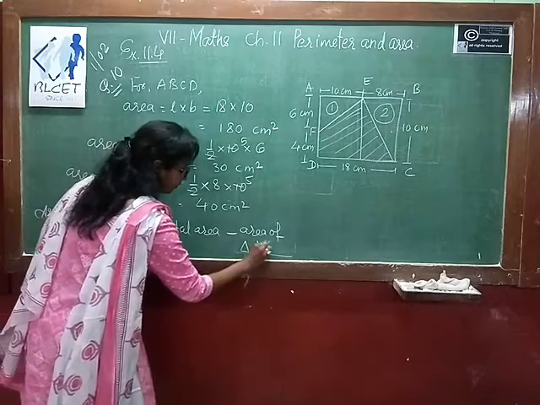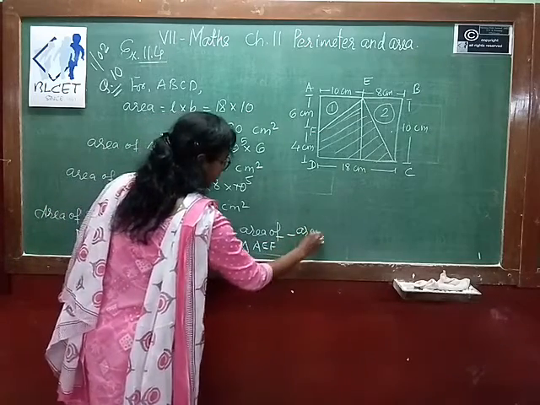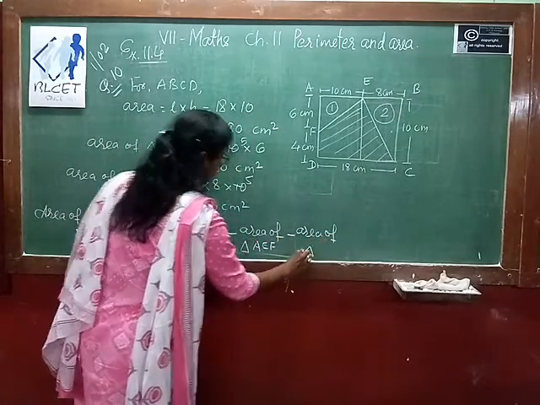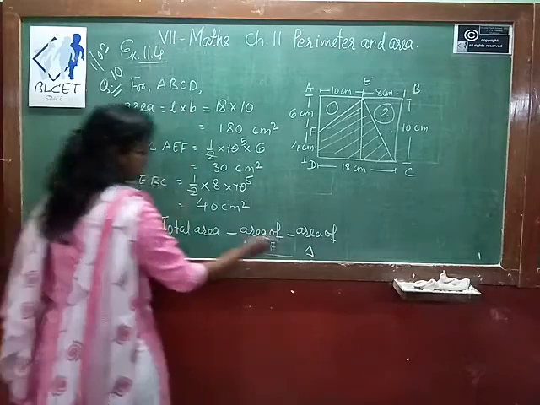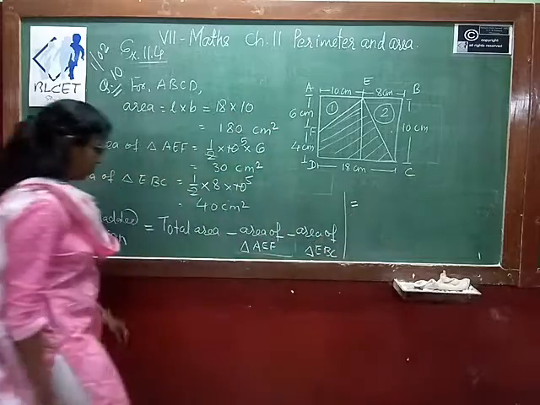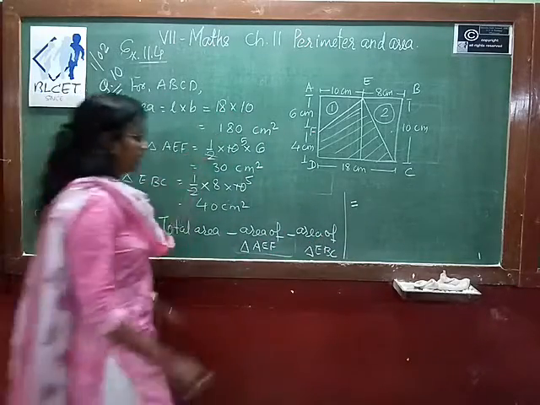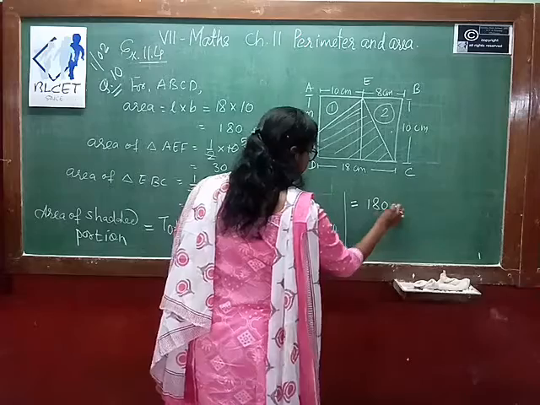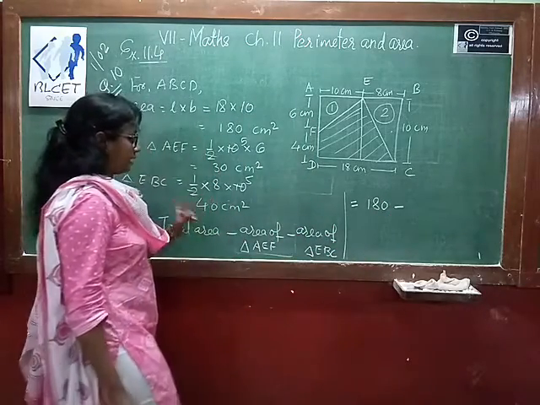AEF, minus area of triangle, which triangle? EBC, which is equal to total area 180 centimeter square minus 30 minus 40.